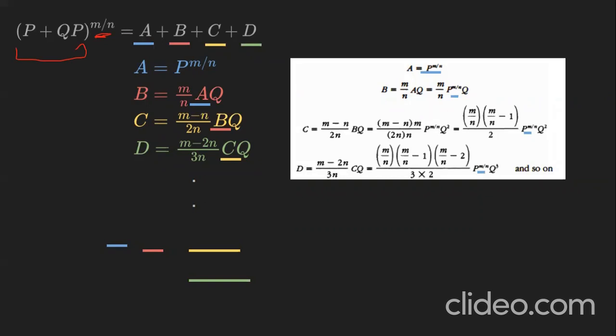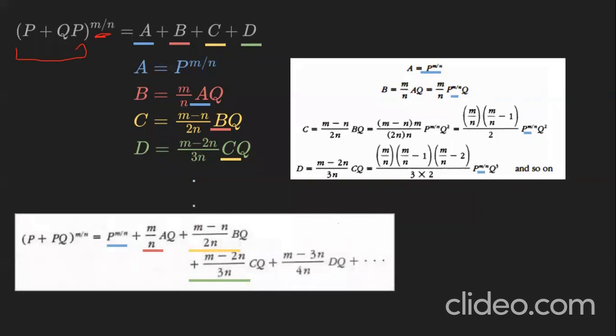As we progress through the sequence, you see that B equals M over N times AQ. So you plug that back in there.